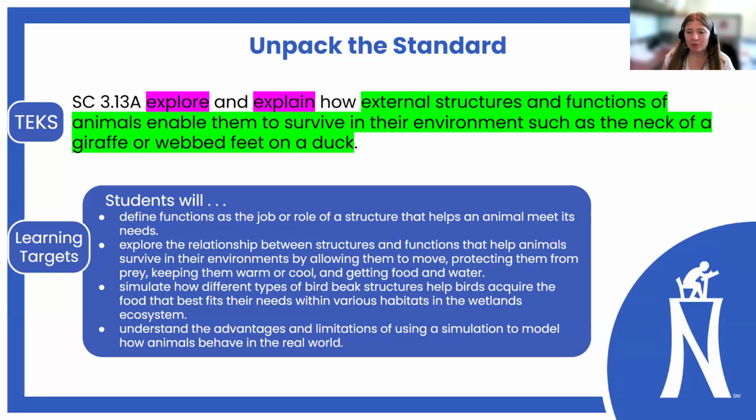The importance of simulations and investigations are that they provide those opportunities for our students to look at models. And we know that students, when looking at models, don't often consider what's the advantage or disadvantage of utilizing this model. So we definitely want to provide them opportunities to do that as well.